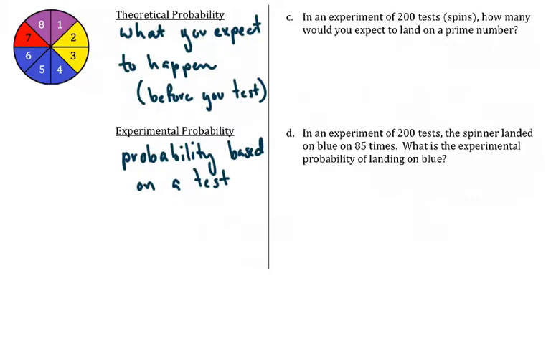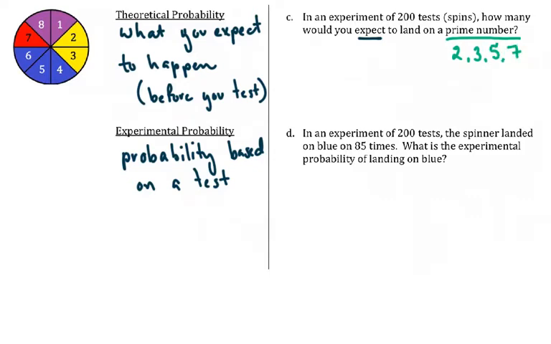So for part C, in an experiment with 200 test spins, how many would you expect to land on a prime number? So since it's saying expect, we know that that's a theoretical probability problem. Quick review of prime numbers. These are numbers that don't have any divisors besides 1 and itself, meaning that they have two factors, two divisors. And so here, in this case, between 1 and 8, the prime numbers are 2, 3, not 4, but 5 and 7.